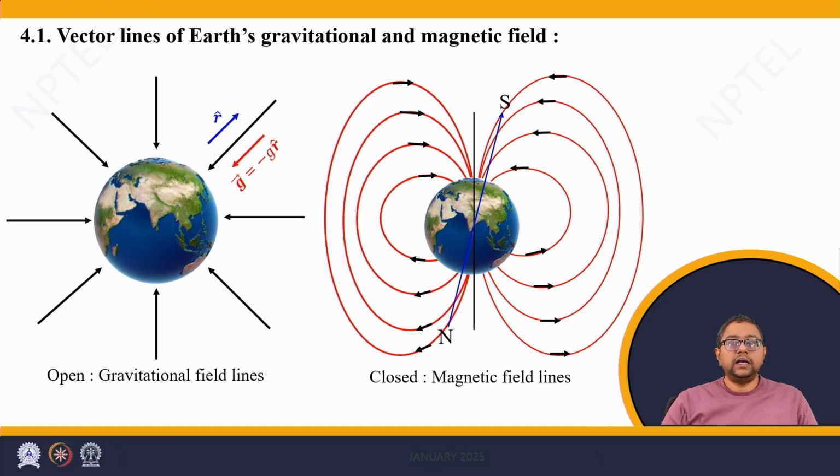Shown here are the globes of our planet Earth with its most commonly used and popular fields, the gravitational field and the magnetic field. You can see that the gravitational field lines are terminating on the planet while the magnetic field lines form closed loops.